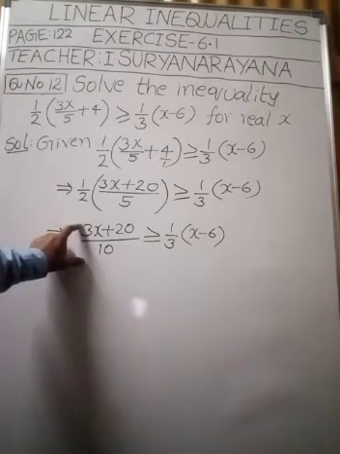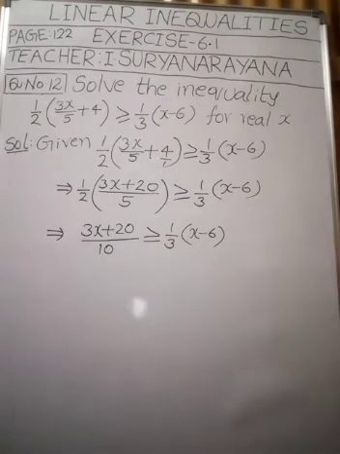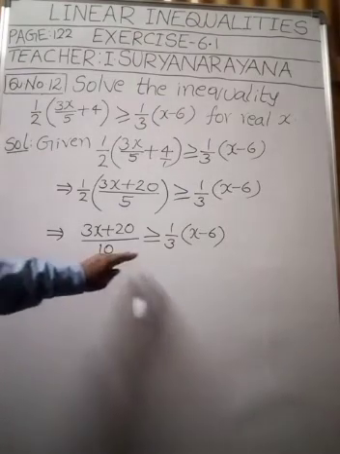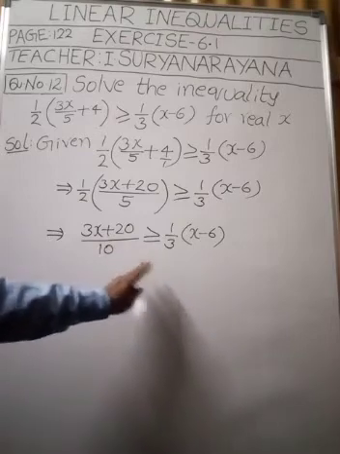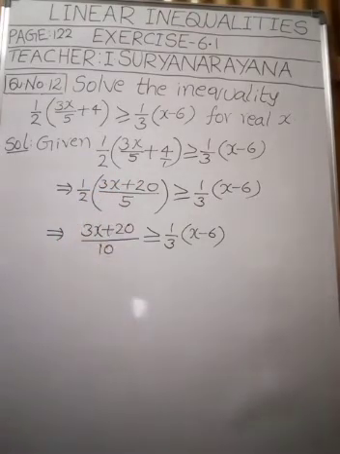After this step, understood, my dear children, we have to remove the denominators. To remove the denominators, we have to find the LCM of the denominators on both sides. Then we have to multiply the inequality on both sides by the LCM of the denominators.